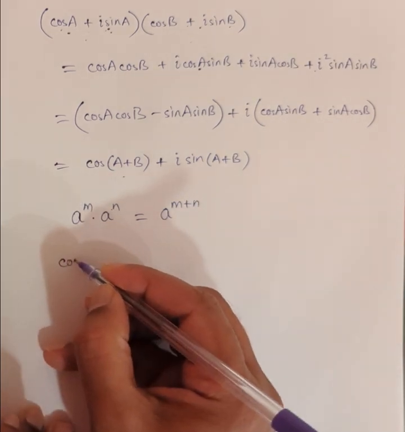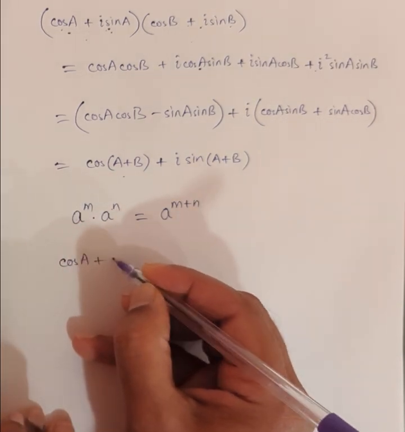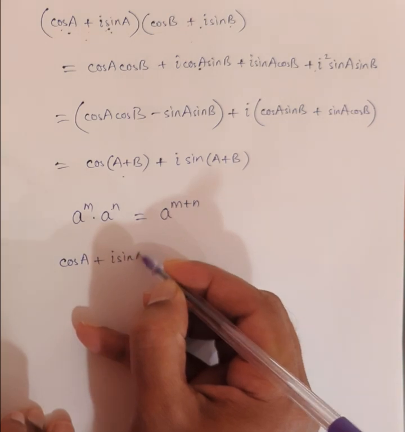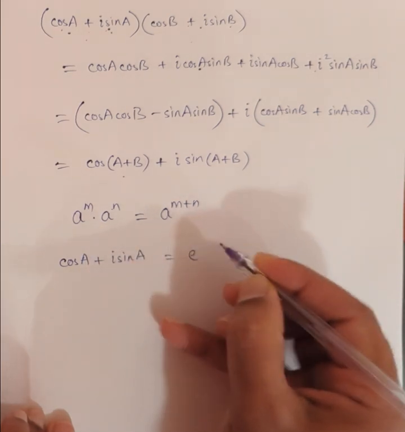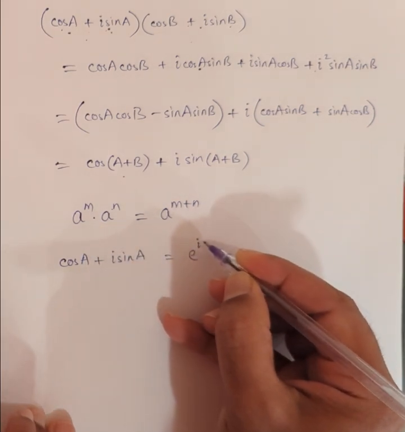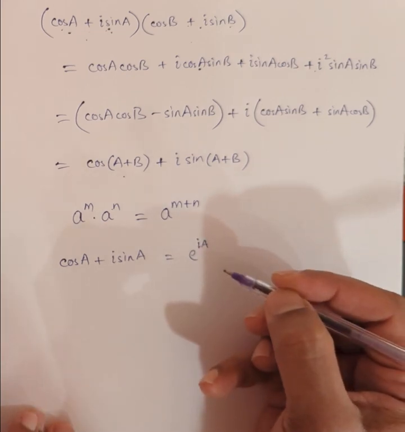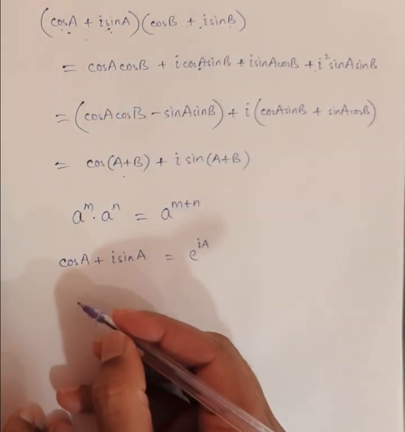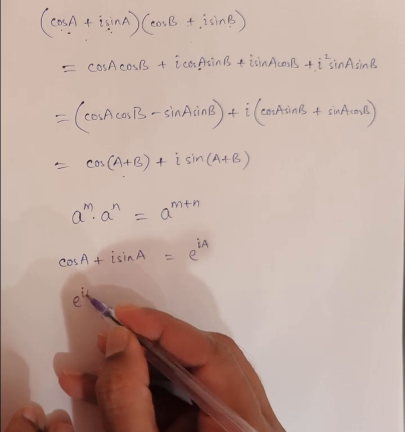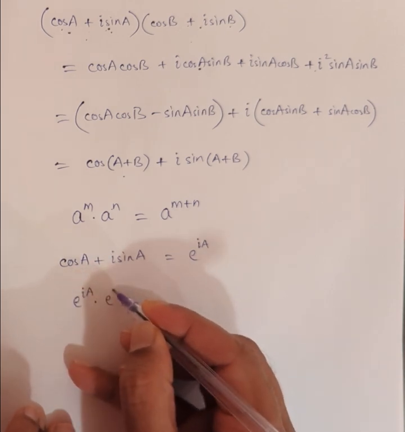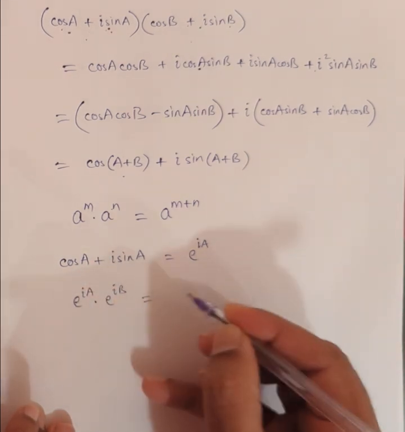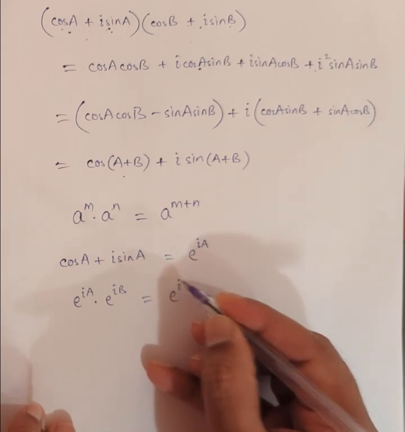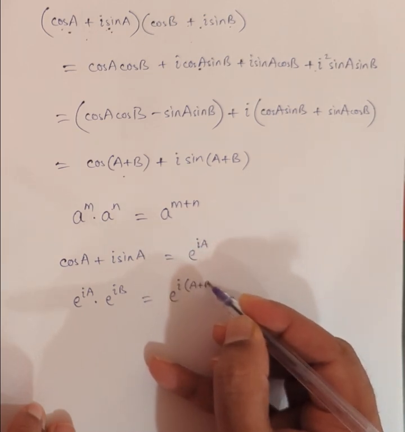So in fact, this is written as e to the power i a. Because now you can see that if you have e to the power ia times e to the power ib, this is simply e to the power i times a plus b.